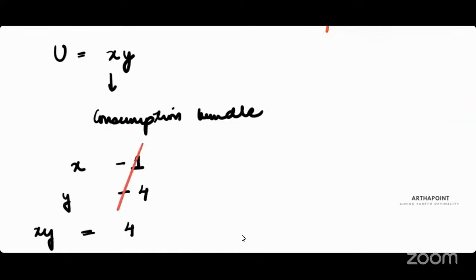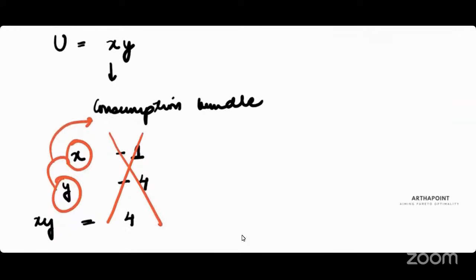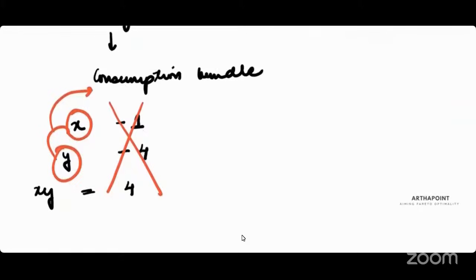But why don't I do this? This is because consumption can only be positive. You cannot consume negative units of any commodity. The consumption has to be positive. And because the consumption has to be positive, we can write that the consumption bundle belongs to Rn plus.